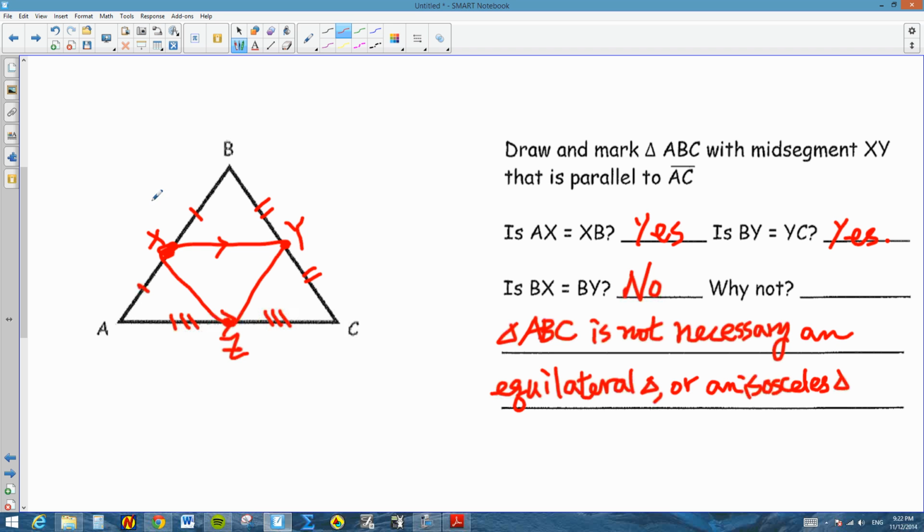If the triangle is isosceles, this side is congruent to that side, then this will be equal because all 4 segments here are congruent. Or even more, if this triangle is an equilateral triangle, all 3 sides are congruent, so all 3 half sides must be congruent. So only when the triangle is a special triangle like an equilateral or isosceles triangle. Otherwise, these 2 sides will not be congruent, okay?